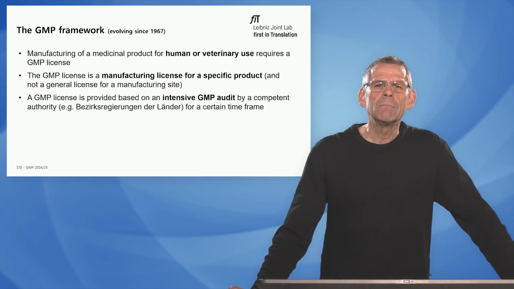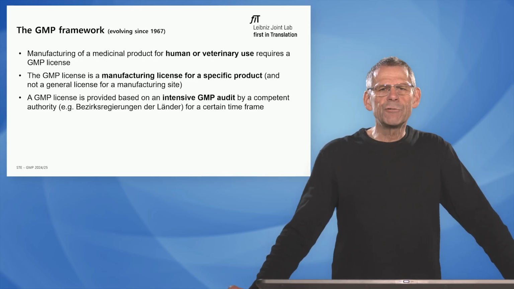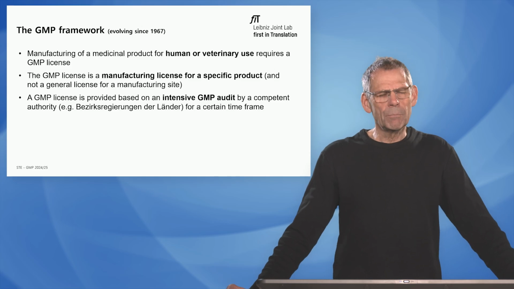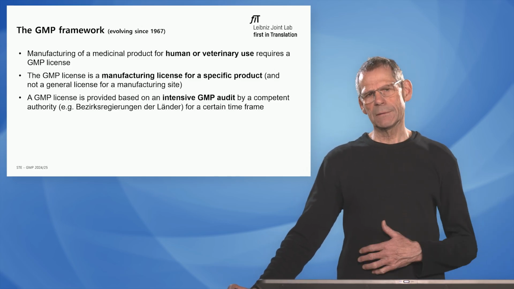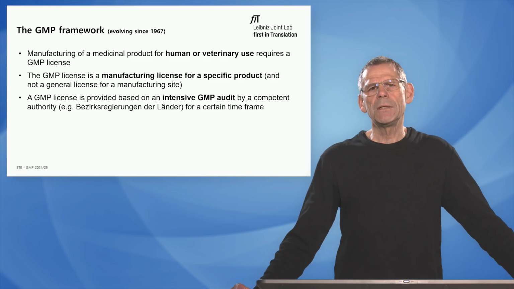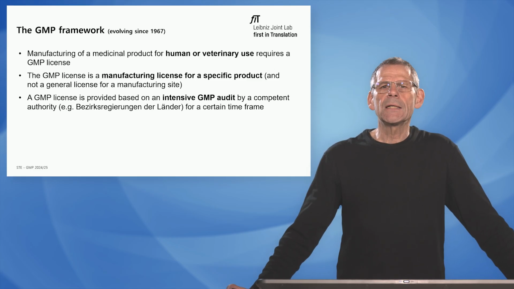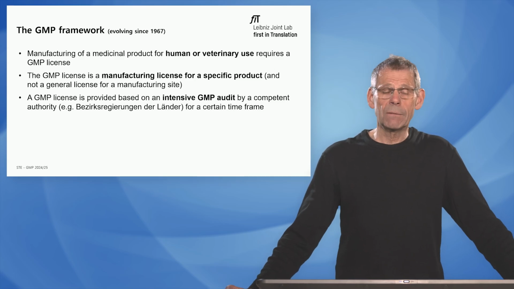A GMP license is provided based on an intensive GMP audit by competent authorities, and normally these are the local regional authorities. In Germany, it's the Bezirksregierung der Länder, who visit the site and provide this audit, the GMP audit.